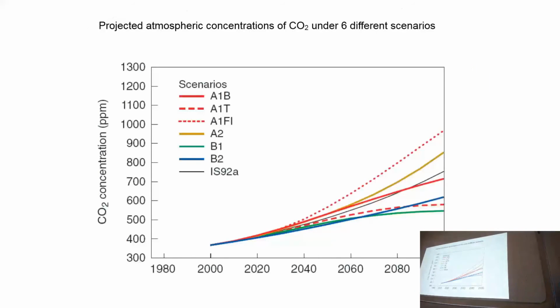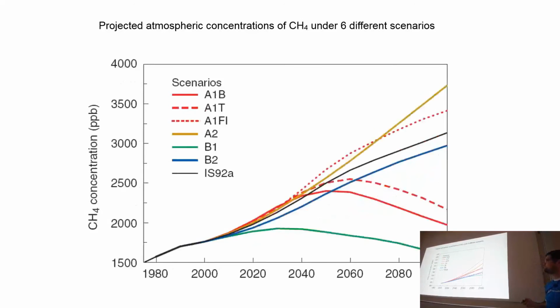But the result of these things are, in terms of modelling the emissions, going from now into the future, we have a bunch of different scenarios that have carbon dioxide concentrations associated with them, based on a model of our economic output going into the future and how carbon intensive our economy will be.